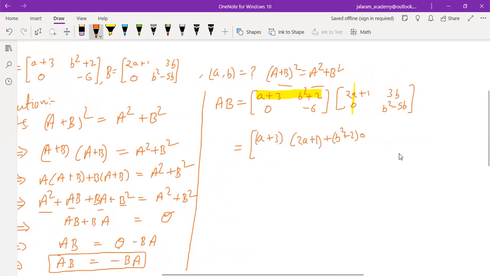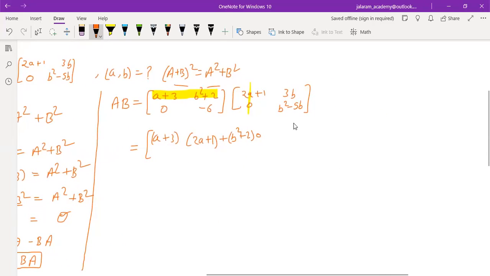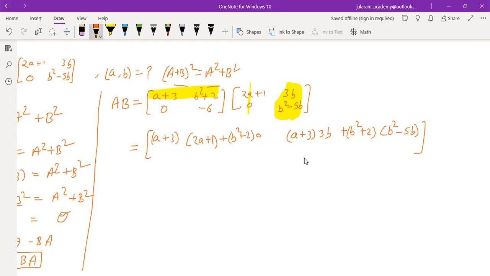Very good. It is giving one of the terms as 0, so it will make our work easy. Again, first row and second column, multiply them: A plus 3 into 3B plus B square plus 2 into B square minus 5B.